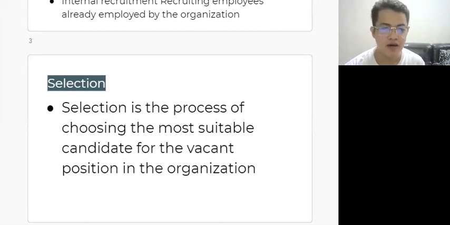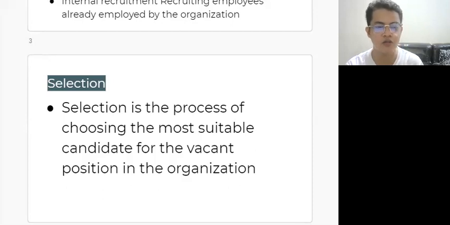So the selection process is an HR process that uses a variety of strategies and techniques to help distinguish between qualified and unqualified applicants. So the word selection connotes the placement of the right individual for the right job. So selection is the process of using several techniques to assist recruiters in determining which candidate is the best fit for the job.